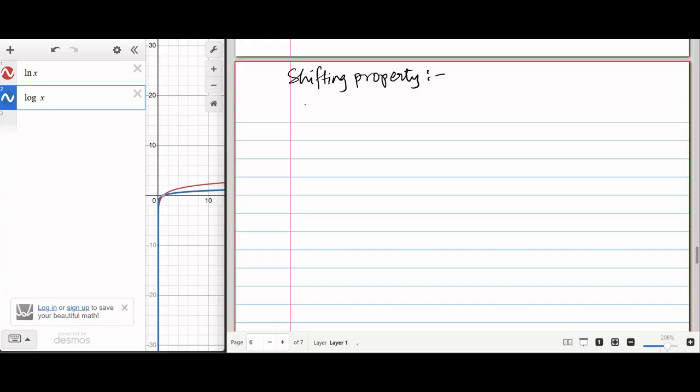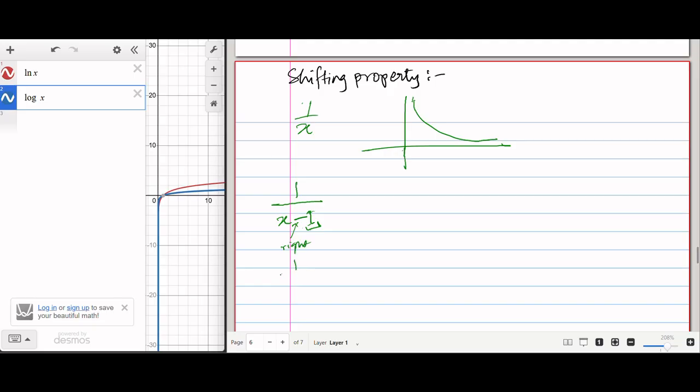A basic concept that we need to learn is the shifting property. If there's a function, let's say 1 by x, it looks like this. If we want to plot x minus 1, we'll shift the curve by 1 unit towards the right, by 1 unit because it's 1, and towards the right because it's minus.